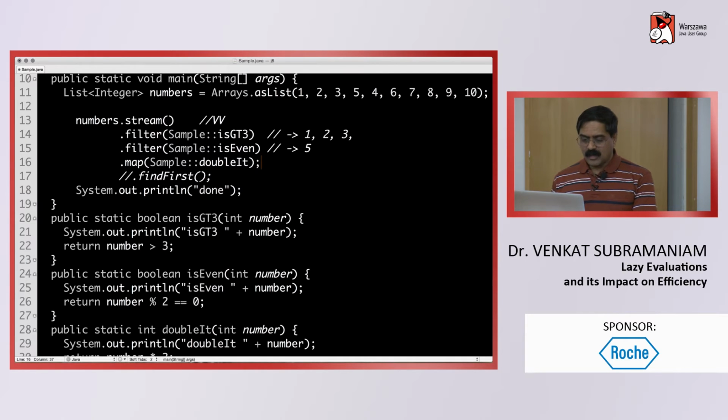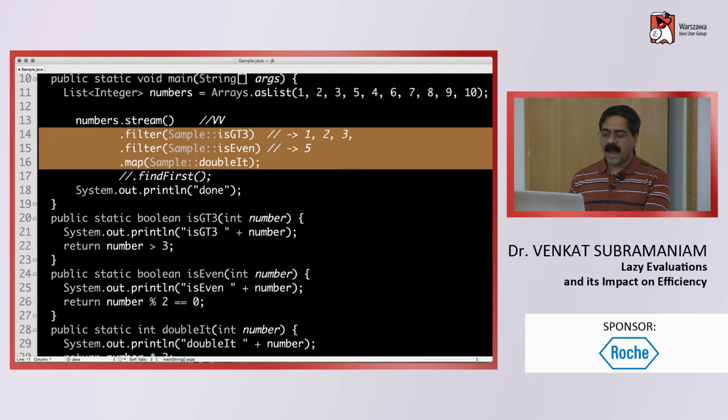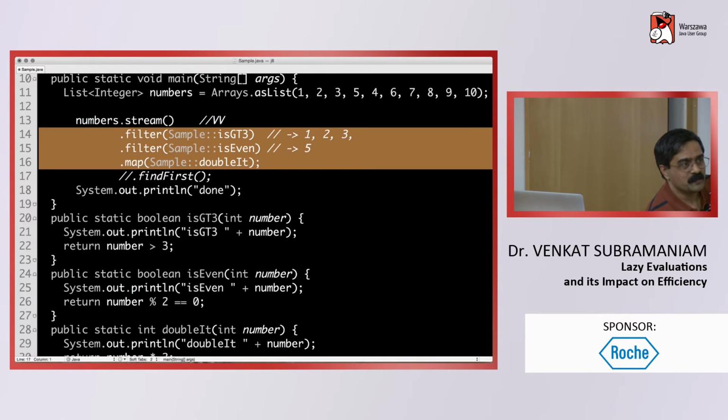So notice, I went through the filter and the map, but I did not come to the find first. So what did we just do? We said, filter please, and map. It says, okay, I'm ready. What do you want to do? Nothing. So like, oh, okay, I'll go home. So it doesn't really do any evaluation.